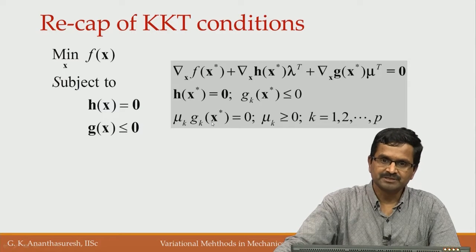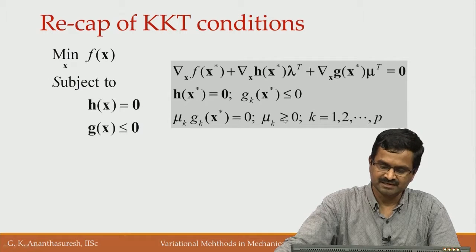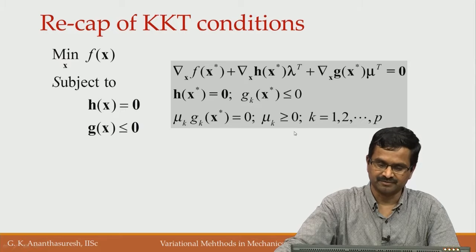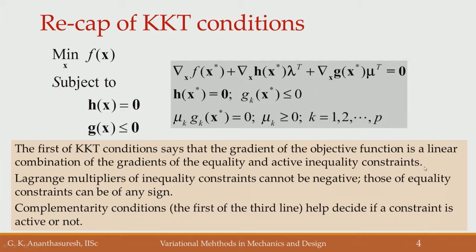We noted that there could be a special condition where mu k and g k both can be 0, but what it says is that mu k is greater than or equal to 0, it cannot be negative. These are the things that one should note: KKT conditions say that the gradient of the objective function can be expressed as a linear combination of the gradients of the constraints. And the Lagrange multipliers of the inequality constraints cannot be negative, they have to be positive or 0, whereas those corresponding to the equality constraints can be of either sign, plus or minus.